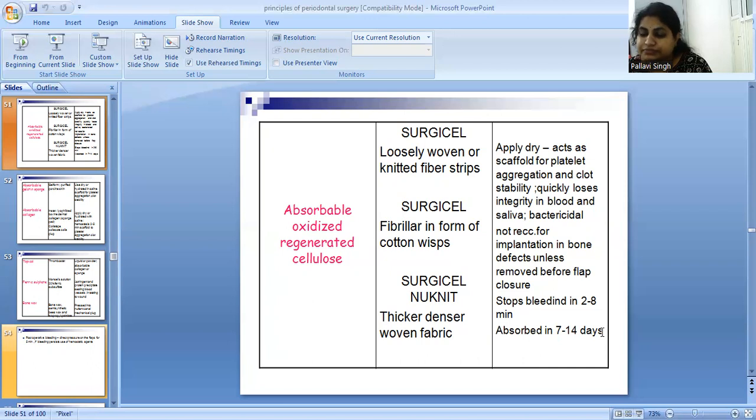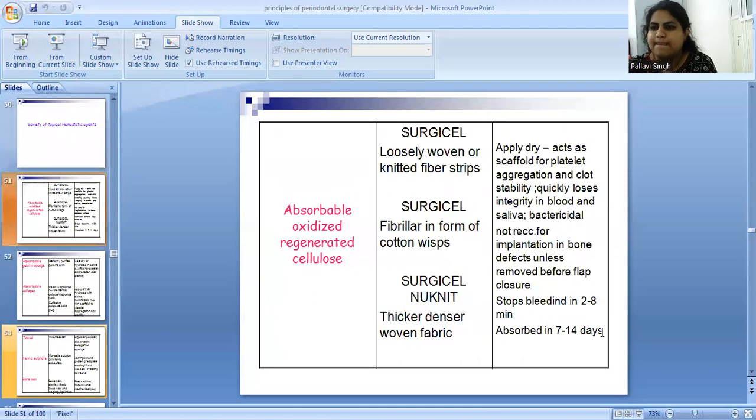When the blood clot is formed, there is no bleeding. It stops bleeding in 2 to 8 minutes and it is absorbed in 7 to 14 days.